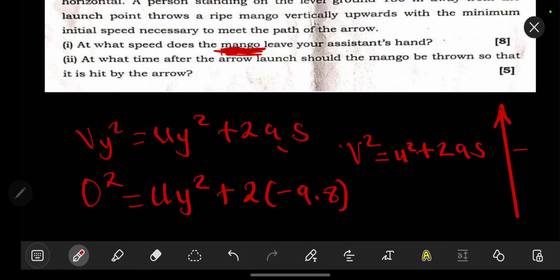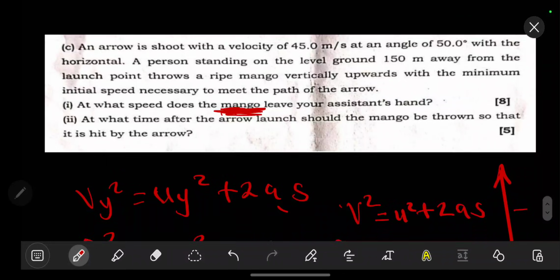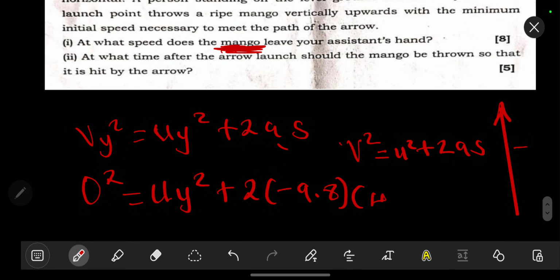It has to reach the one that we found, which was 46.9984.